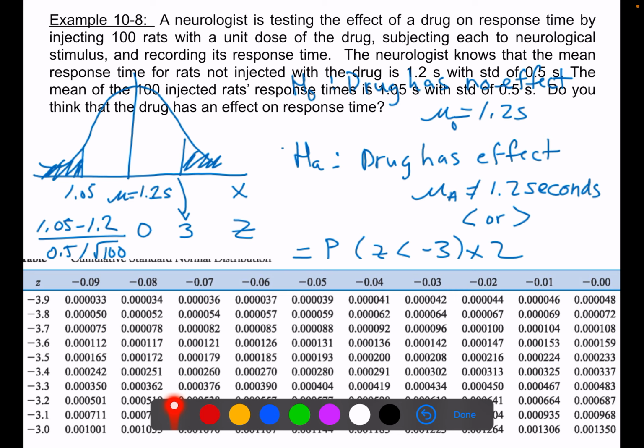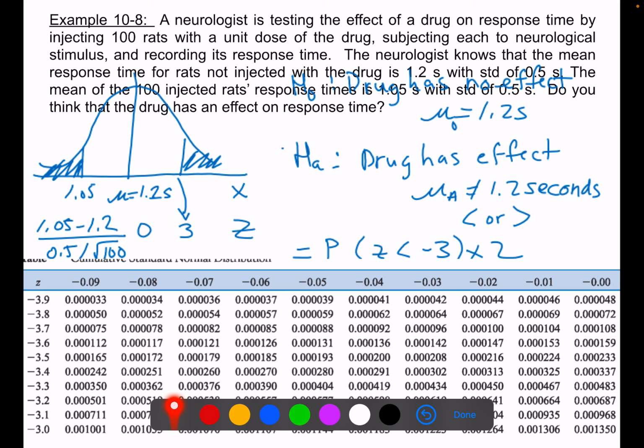To find out how far 1.05 is from 1.2, we have to calculate Z. So Z is going to be 1.05 minus 1.2, divided by standard deviation 0.5, divided by square root of 100. And that's going to be 3, right?